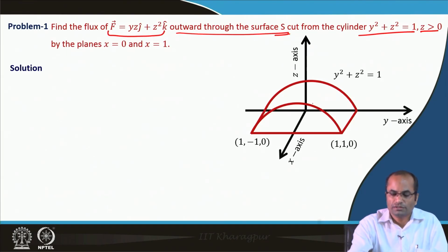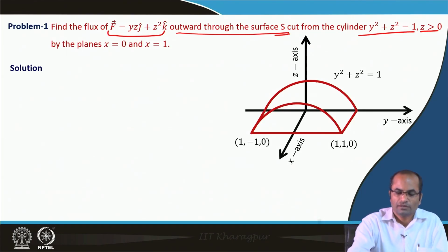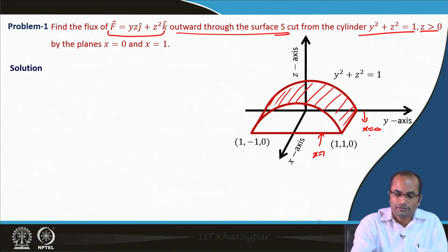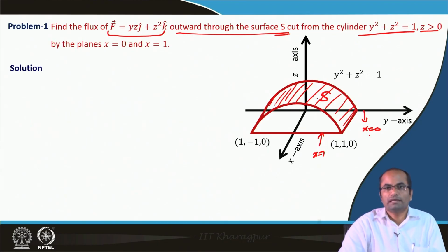This is the situation here: we have the x axis, and this is the cylinder cut from x equal to 0 to x equal to 1. Here we have x equal to 1, and of course this is the x equal to 0 line. Then this is the surface S, and as discussed before, to get the surface integral we have to project it onto one of the coordinate planes.